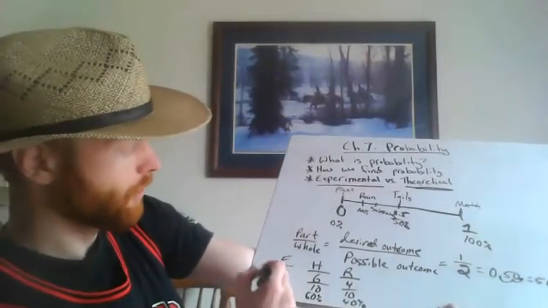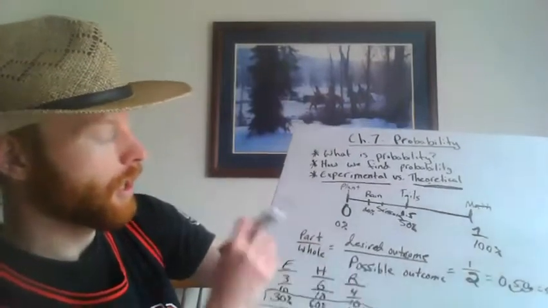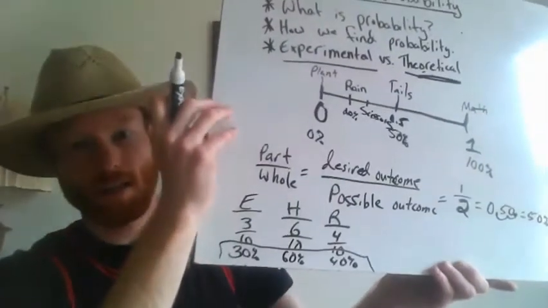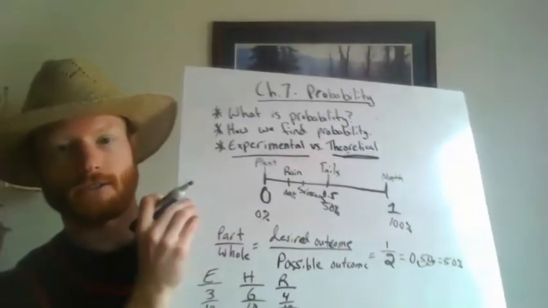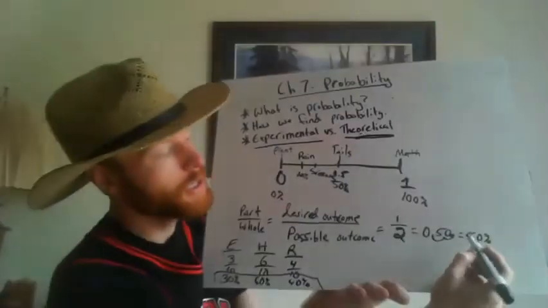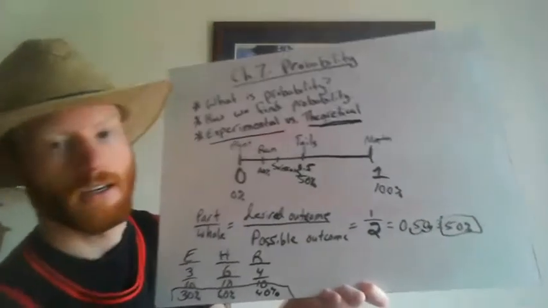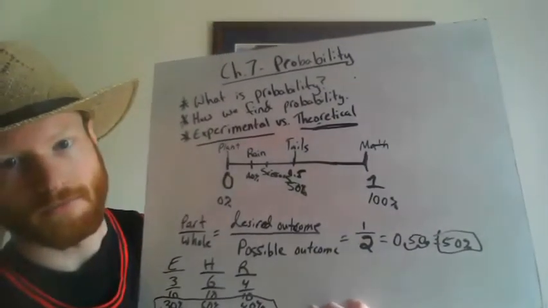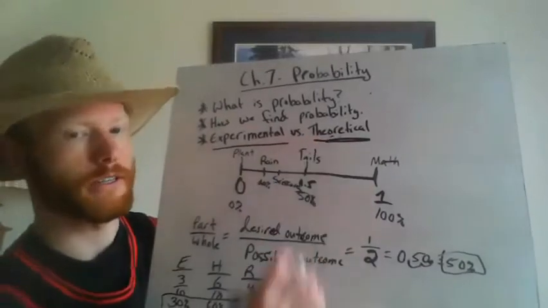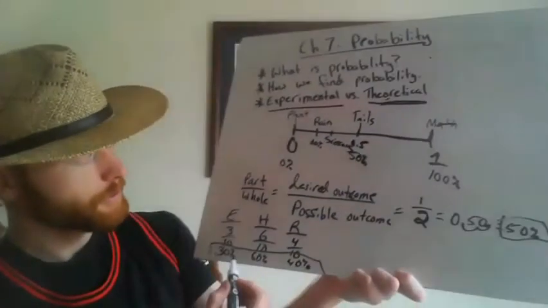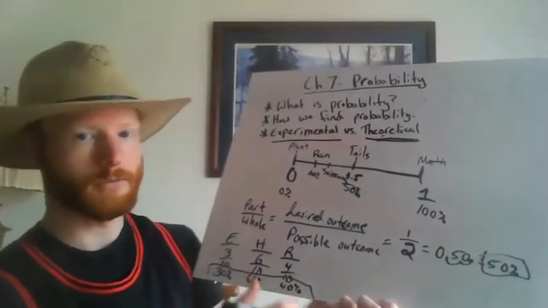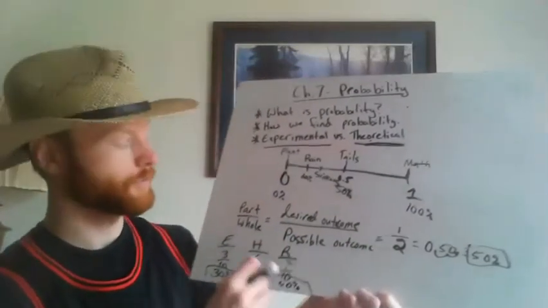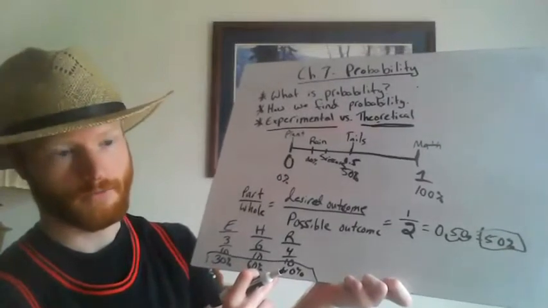Notice all of these numbers are our experimental data. So when we actually ran the experiment, actually did the trials in real life, none of us got the perfect answer. None of us got the theoretical answer. The difference between experimental and theoretical is that when you actually do these things in real life, that is the actual outcome.